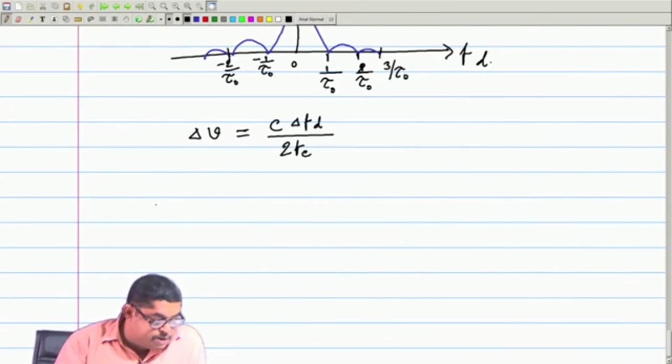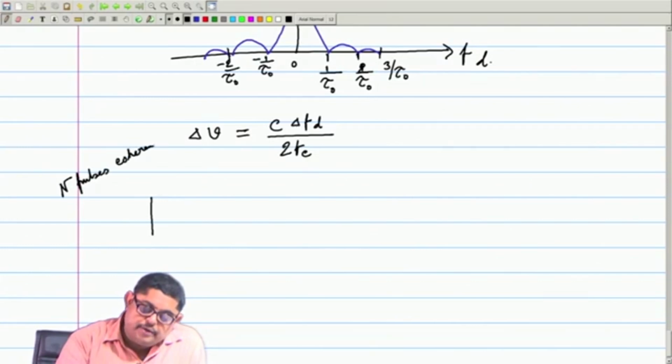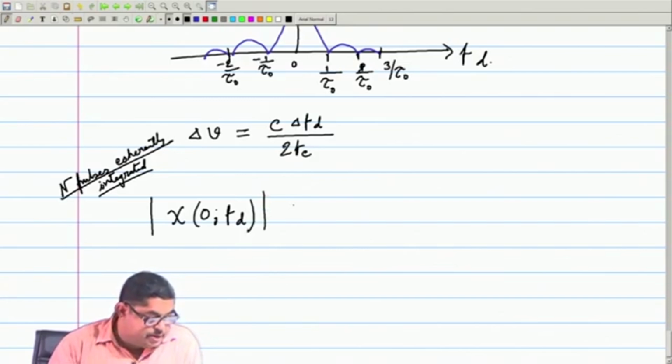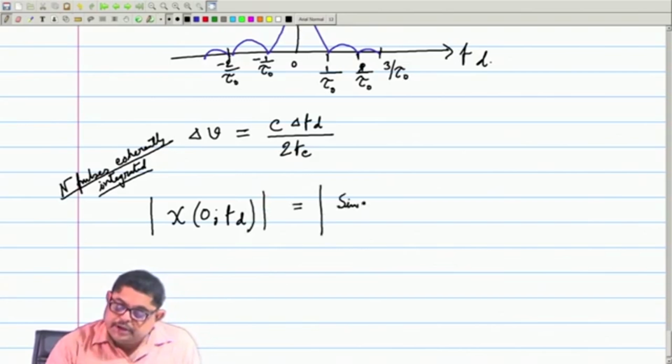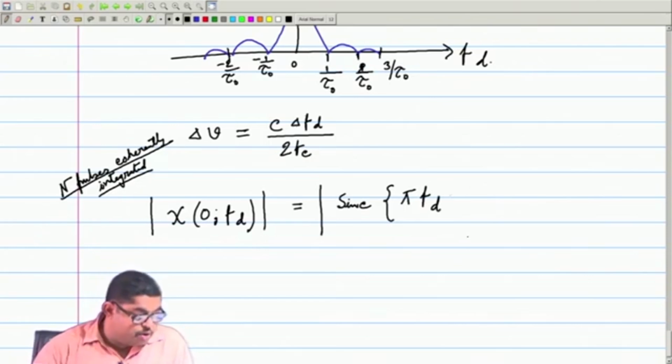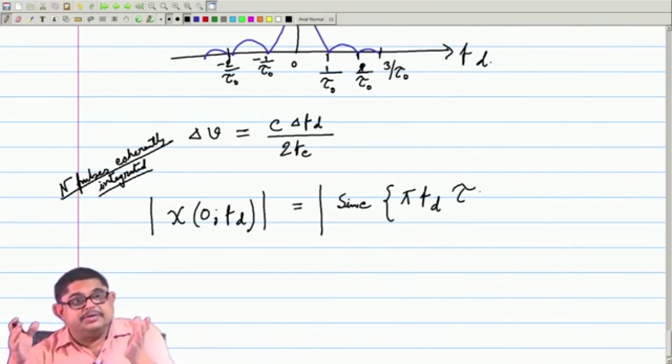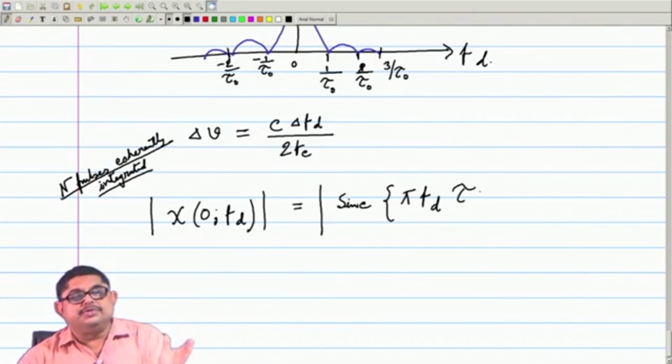If we have n pulses coherently integrated, then the expression for the Doppler correlation function will be something like sinc of pi f d, and now instead of tau naught it will be something else, because the pulse width is now the total pulse width for n pulses.